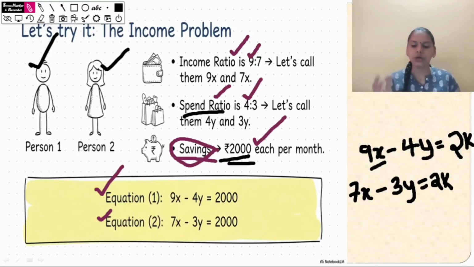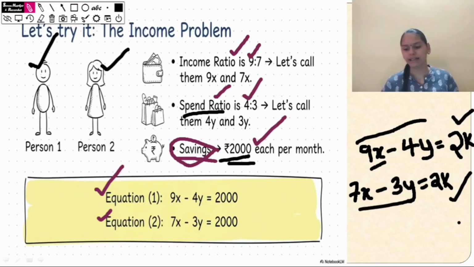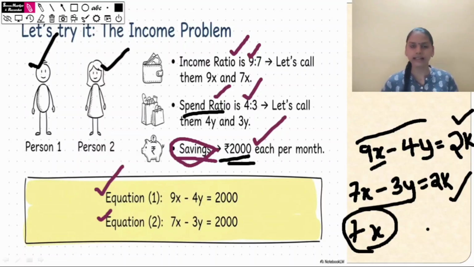Now you may get a doubt. Why am I equating this to savings? See, try to understand. Her full salary is her income, and her income is the total.